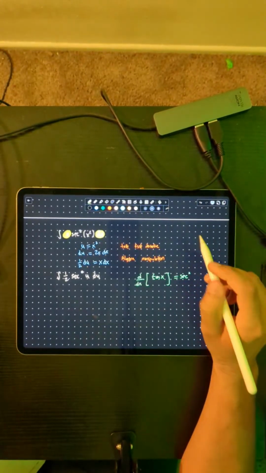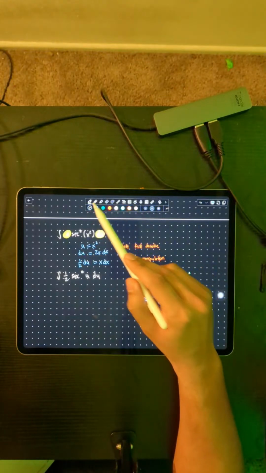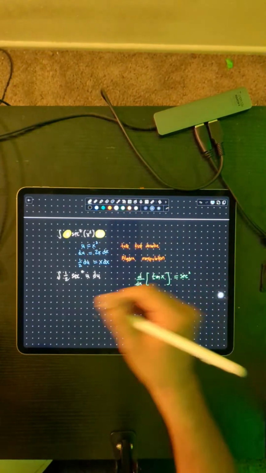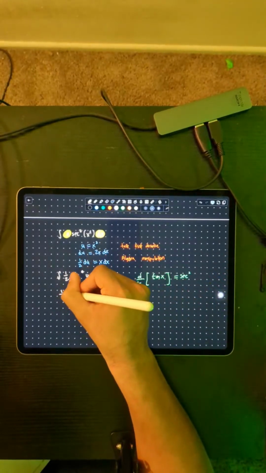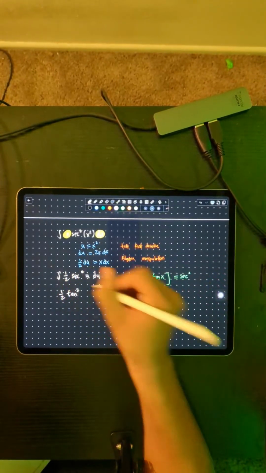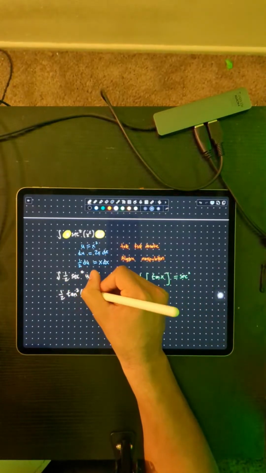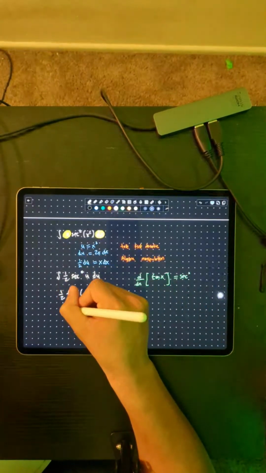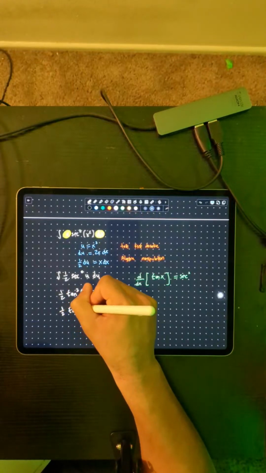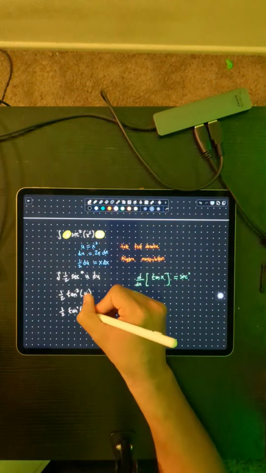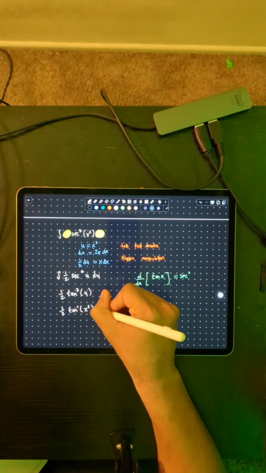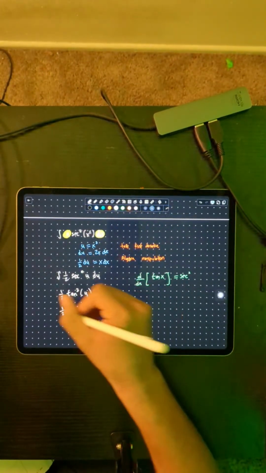So we pull that 1/2 out of the integral, and the antiderivative of secant squared of u is tangent of u. So that's 1/2 tangent of u, and we said that u is equal to x squared, so it's 1/2 tangent of x squared, and then we tack on a plus C term there.